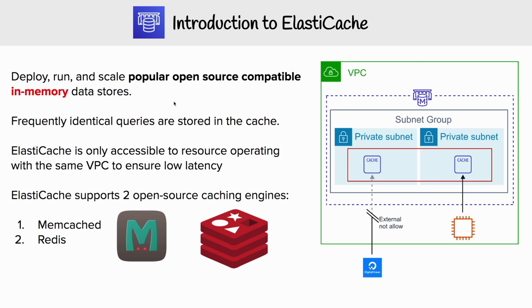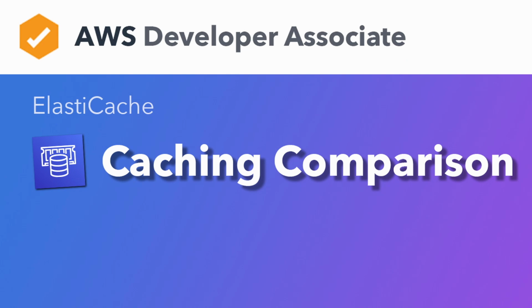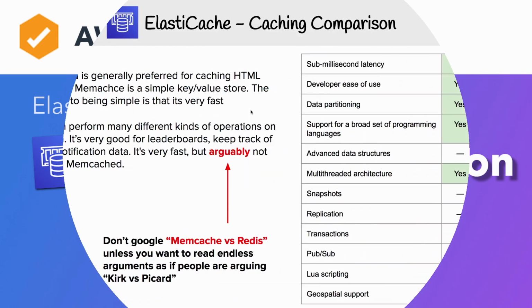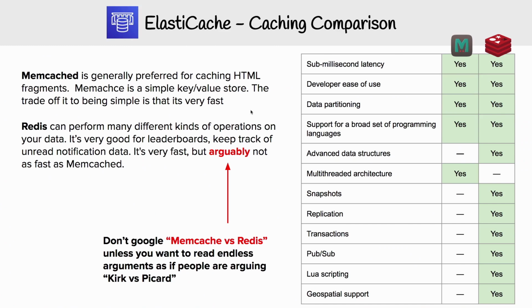And we said that it runs open source compatible in-memory data stores, and the two options we have here are Memcache and Redis, and we're going to talk about the difference between those two in the next slide here. For ElastiCache, we have two different engines we can launch. We have Memcache and Redis. And there is a difference between these two engines.